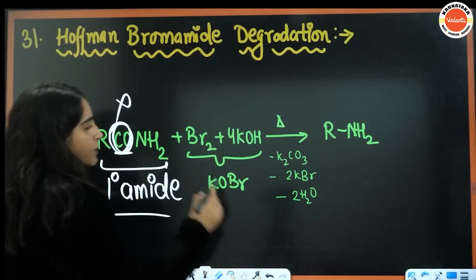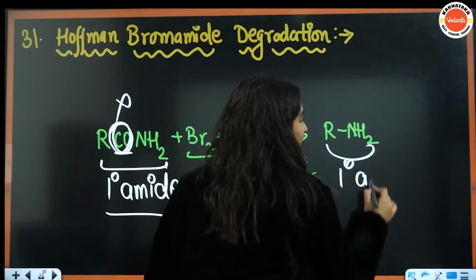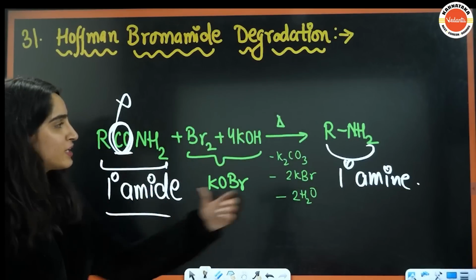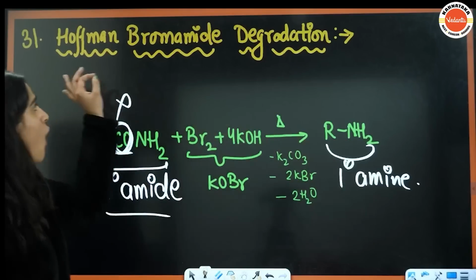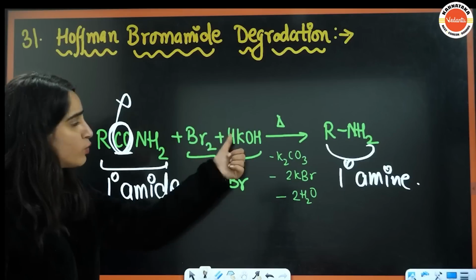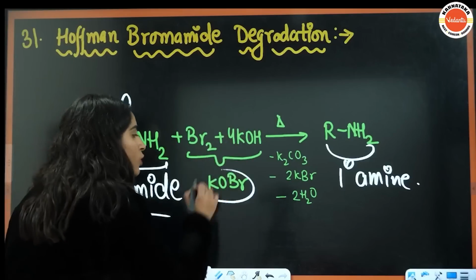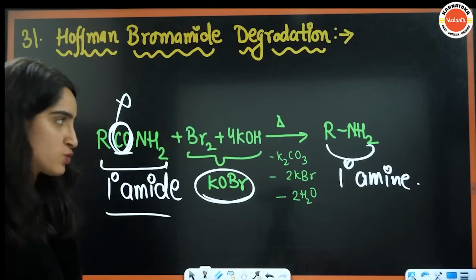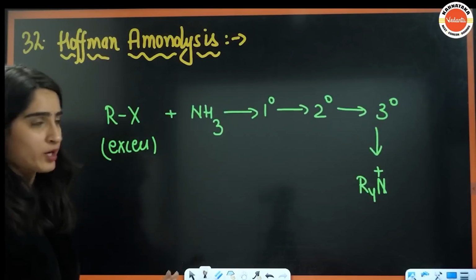This 1 degree amide will be converted into 1 degree amine. This is only for 1 degree. That is Hoffmann bromamide degradation. Here you have used Br2 and KOH. Either you can also use KOBr here. Anything can be mentioned in this place. Again, a very direct and important question.